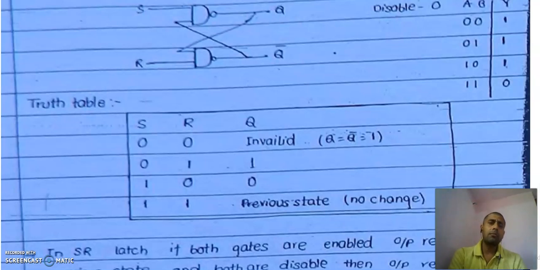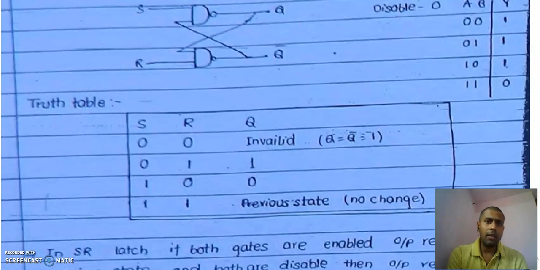Now if we take input as 1 1, in this case we don't know the second input, so we assume Q is equal to 0. You may also assume Q is equal to 1. We have taken Q equal to 0. If Q is equal to 0, then the lower NAND gate will give the output 1. So Q bar is 1 and S is also 1.